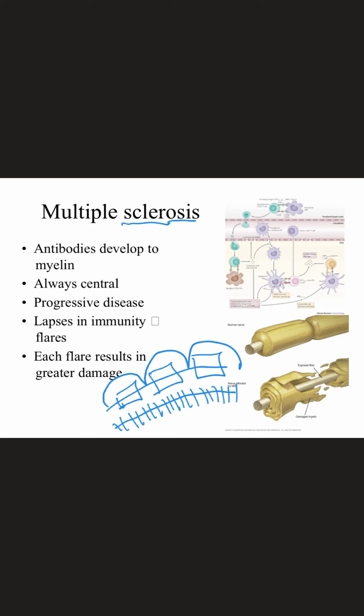Multiple sclerosis, again, is something that develops antibodies against myelin. So if antibodies are tagging the myelin, then macrophages, different phage cells, are going to come by and eat away at this myelin until you have something resembling this.